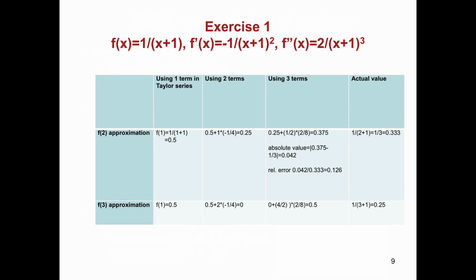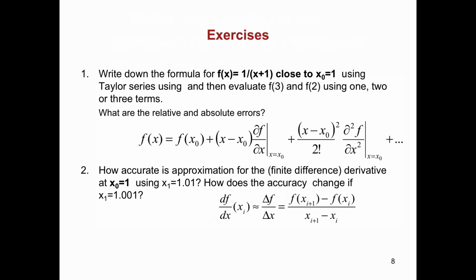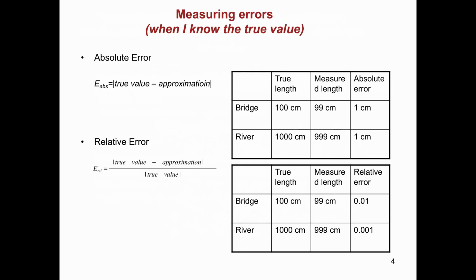Yeah? So again, those are the definitions. Absolute error is the absolute value of true minus approximation. And my relative error is true value minus approximation divided by the true value. And if I don't have the true value, then I possibly have some best approximation to it.